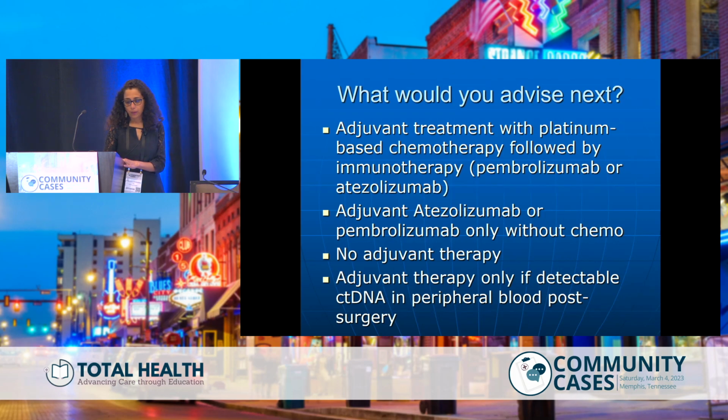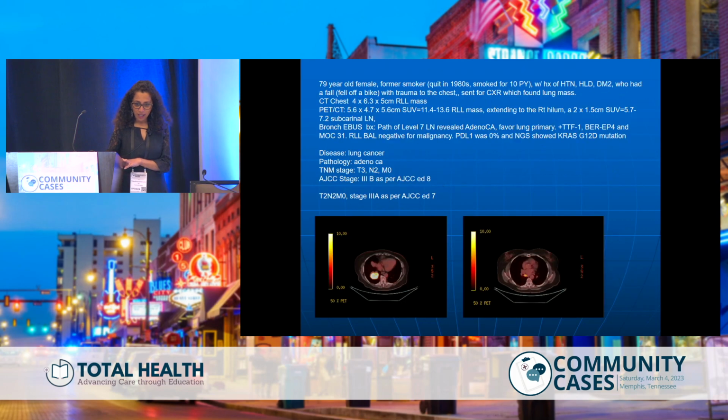There was no benefit in stage 1A patients, and in fact any stage 1 patients. So in this case, watchful observation or no adjuvant therapy with close monitoring would be appropriate. Everyone agrees? Thank you. So let's move on to another patient here.